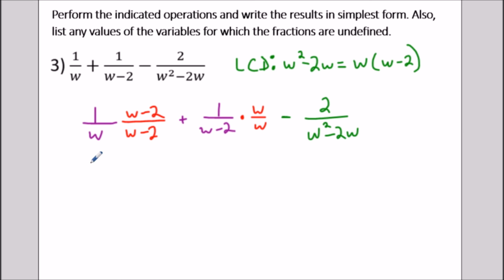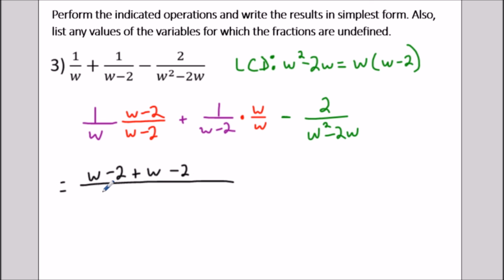So what we could do now, because these three fractions all have the same denominator, is we can combine them into a single fraction. So we have 1 times w minus 2 is w minus 2. Then we have plus 1 times w is w. And then we have minus, and there's no trap here with distributing a negative because it's only one term. So we have minus 2.